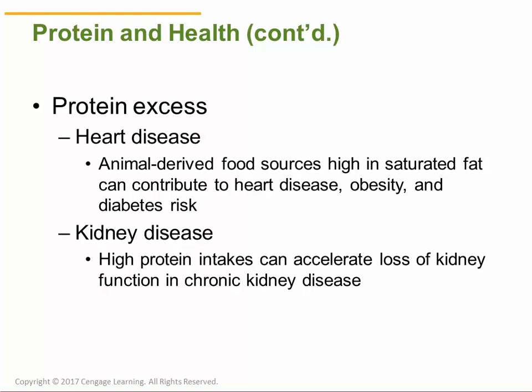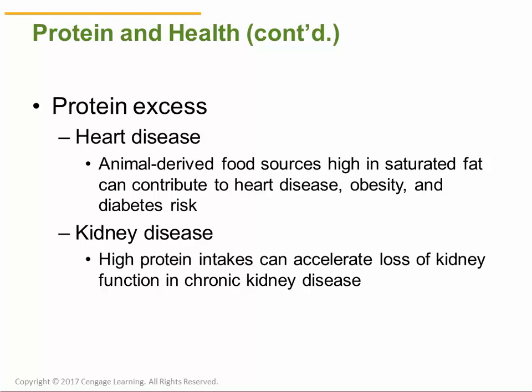And remember, high diet in saturated fat can lead to what? Can lead to obesity, can lead to actually increasing the risk for diabetes, and also increasing the risk for development of your cardiac disease as well.